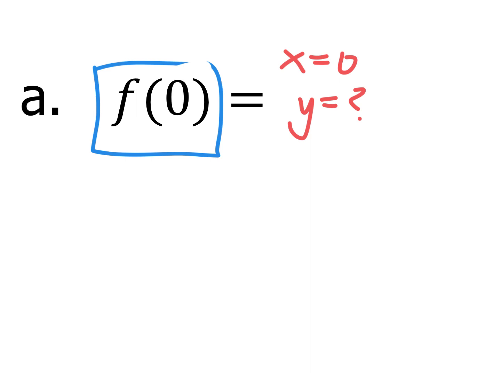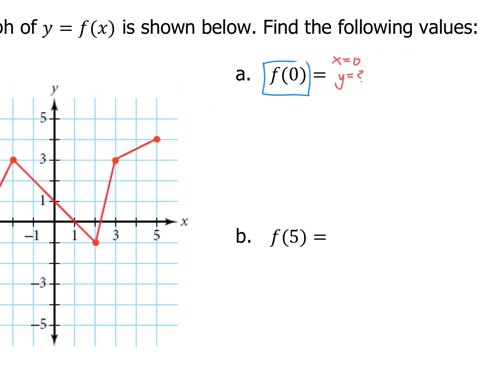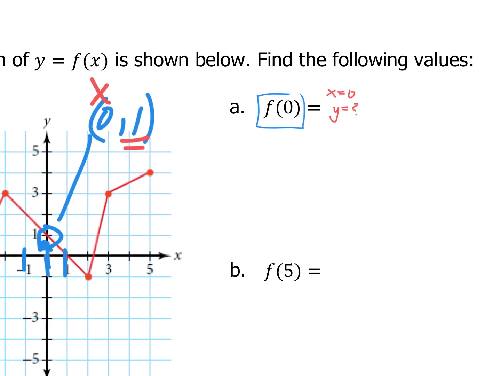All right, so if I go over to my graph and I look at X is 0, here's where X is -1, here's where X is 1, oh, here's where X is 0, and I follow it up. That's my spot. That spot is 0, 1. When you stick in 0, you get 1. This is X, and this spot is f of X. So they told you X was 0, and they wanted to know the Y value, which is this part of that point right there.